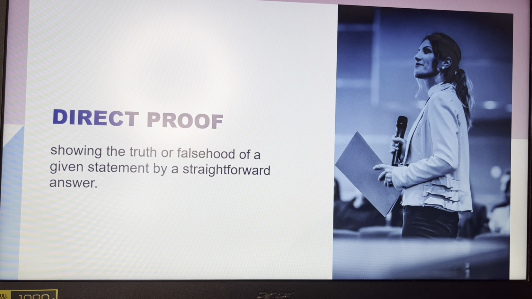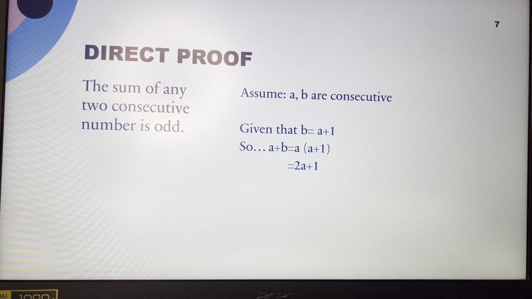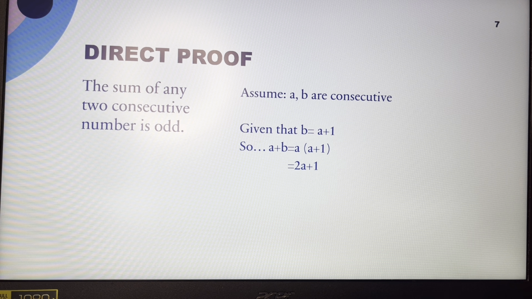Okay, so direct proof is showing the truth or falsehood of a given statement by a straightforward answer. So let's explain this one. The example here is the sum of any 2 consecutive numbers is odd. So we need to assume a and b are consecutive.